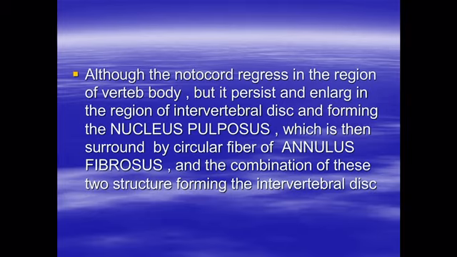Although the notochord regresses in the region of the vertebral body, it persists and enlarges in the region of the intervertebral disc, forming the nucleus pulposus, which is then surrounded by circular fibers of annulus fibrosus, and the combination of these two structures forms the intervertebral disc.